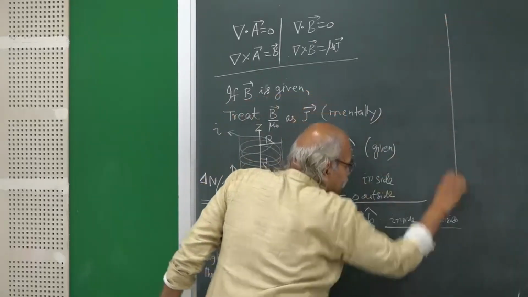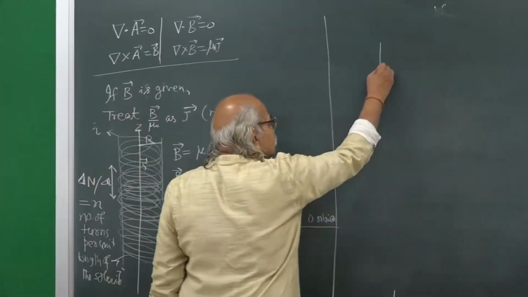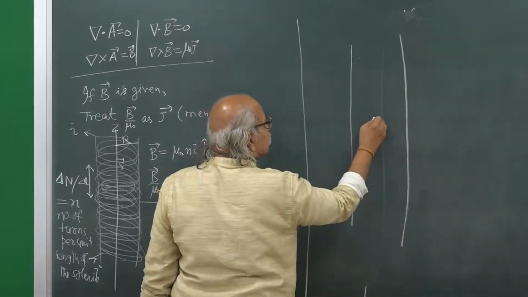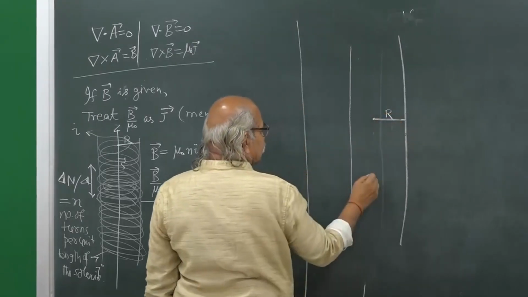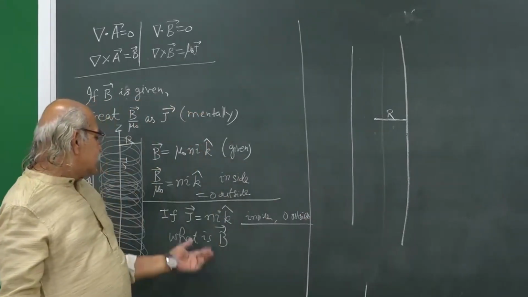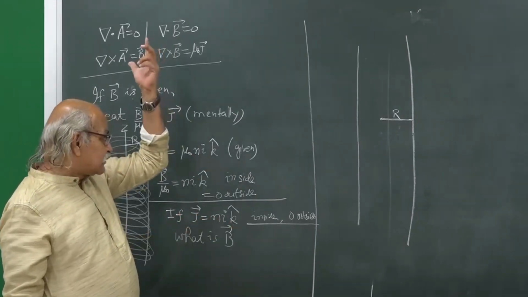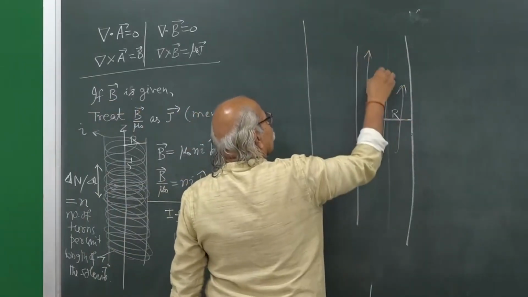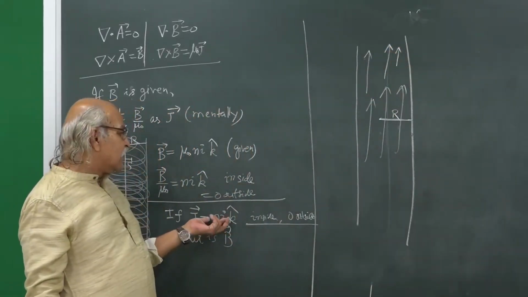So, look at another problem which is coming from this assumption. We have a cylindrical volume, and the whole radius is r, and then for s less than r, that means inside, you have a current density in k cap direction. So, you have a current this way, and it is a uniform J, J is Ni.